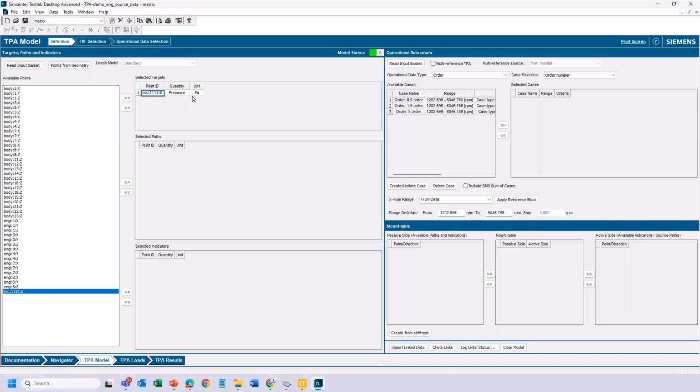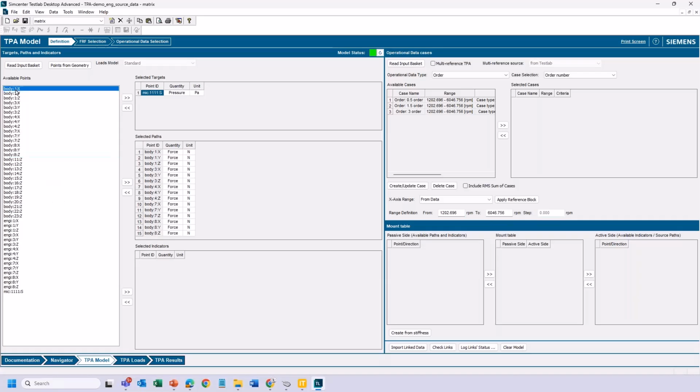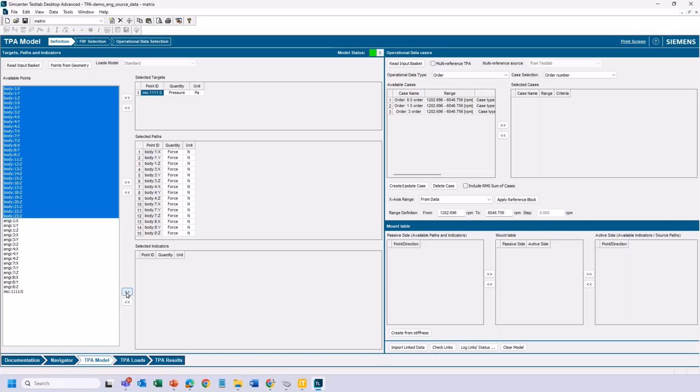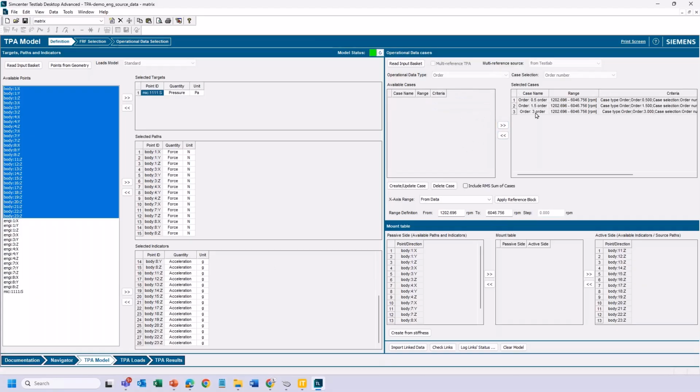So the microphone location and our paths are still the same paths, but now we're going to do matrix inversion where we've measured local FRFs here, but also at other locations. We can actually take these and use these as indicators, okay? We got our loads, half order, 1.5 order, third order.